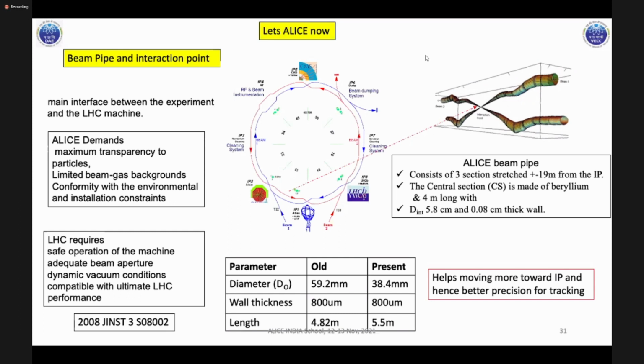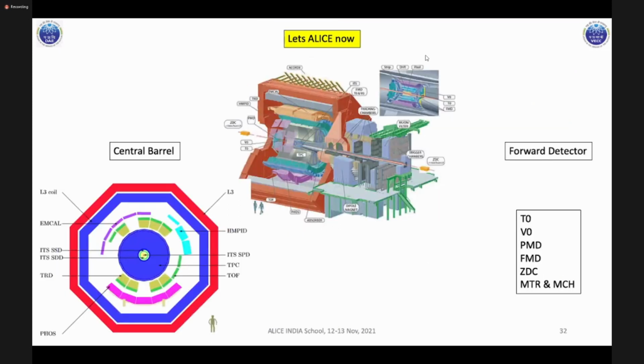Once you know the construction and different features of this beam pipe, let's go over to ALICE. ALICE has, broadly, two types of detectors. In the left bottom, I have shown the central barrel. This is the central cylindrical part, and in this cylindrical part there are many detectors.